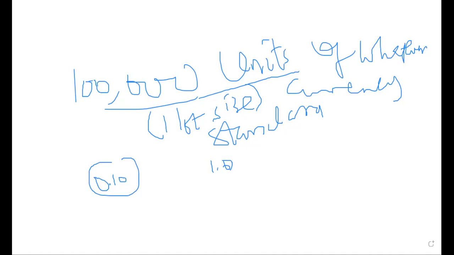That is called a mini lot. And then after that is a micro lot. I told you nano lot, no broker has that lot size, so it's not recognized. So this is 0.10, and that is grouped under mini lot size.